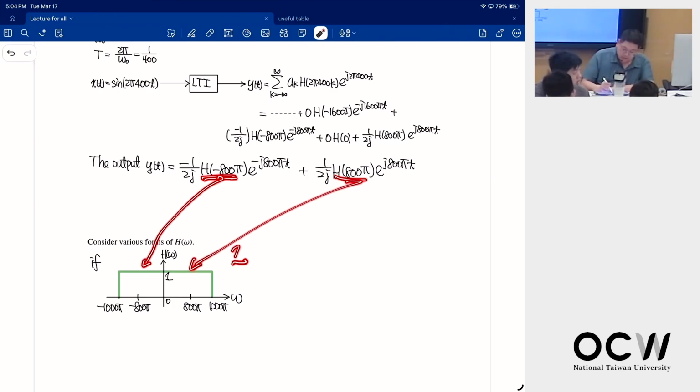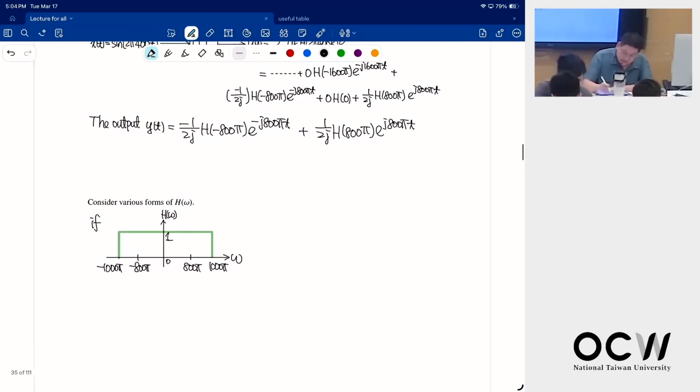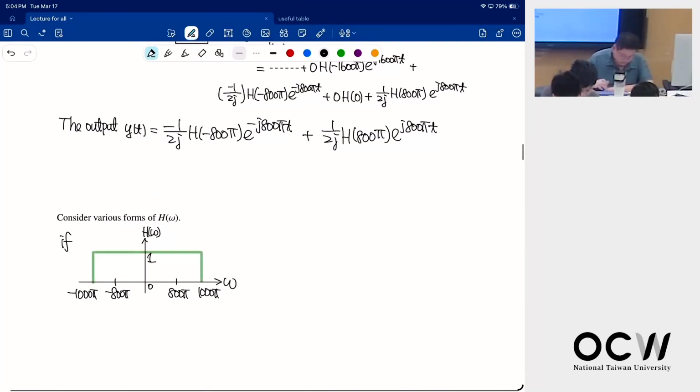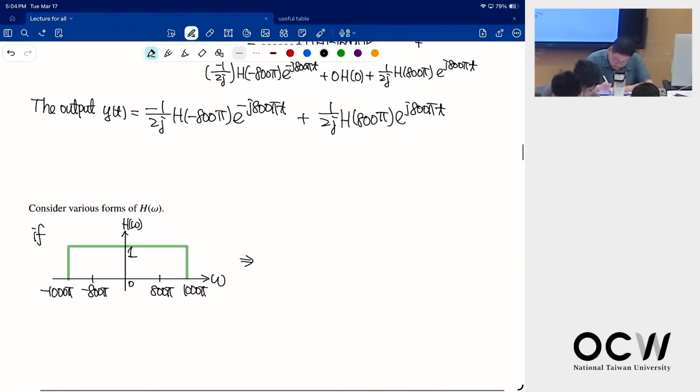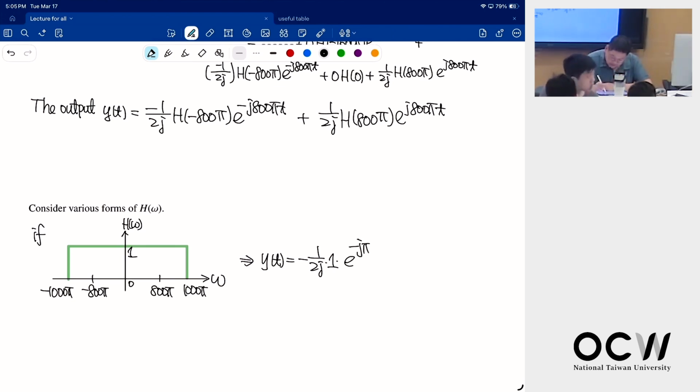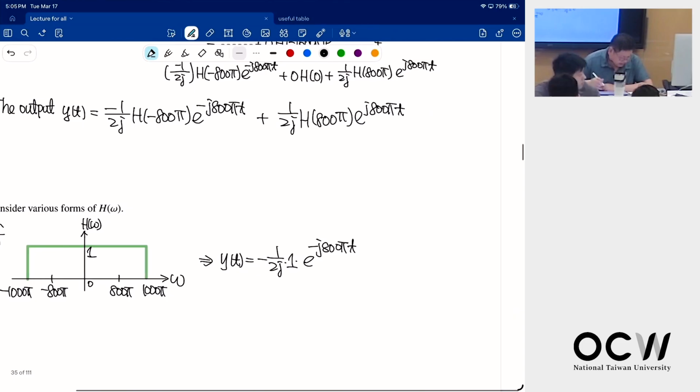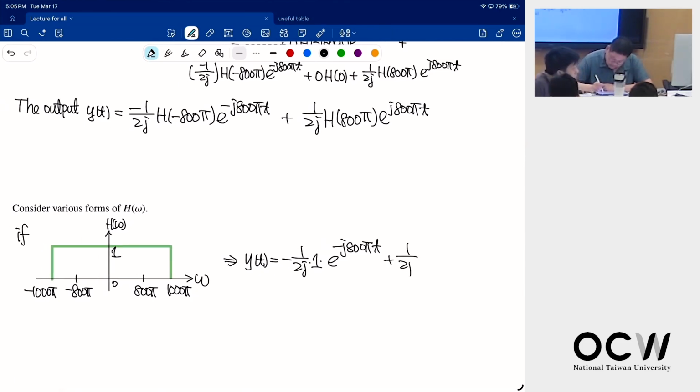In this case, your output y is minus 1 over 2j times 1 times exponential minus j 800 pi t plus 1 over 2j e to the j 800 pi t.